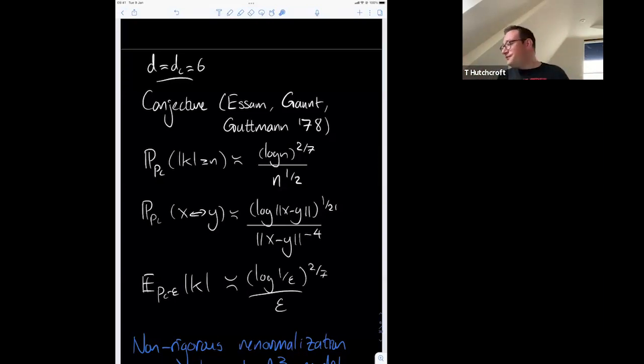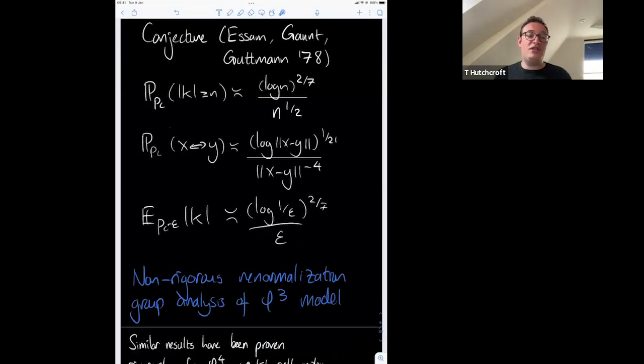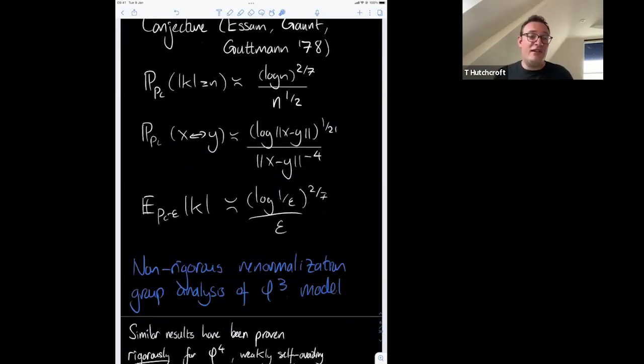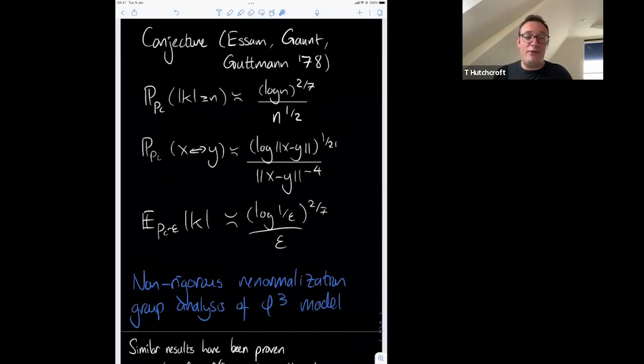Okay, so as a result of that, the way this has been understood at a non-rigorous level is to not really work with percolation. It's to work with a spin system, which is just posited to have the same critical behavior as percolation, but this is not really totally justified. And nobody knows how to do this at a rigorous level.